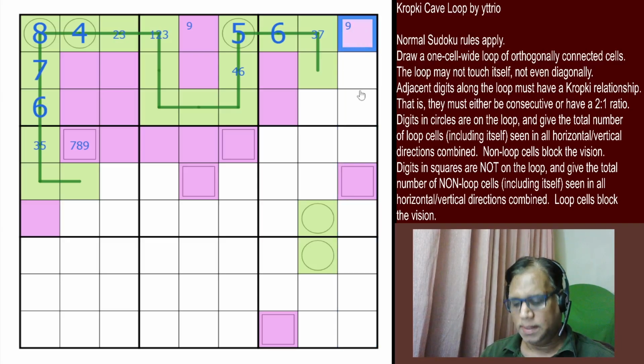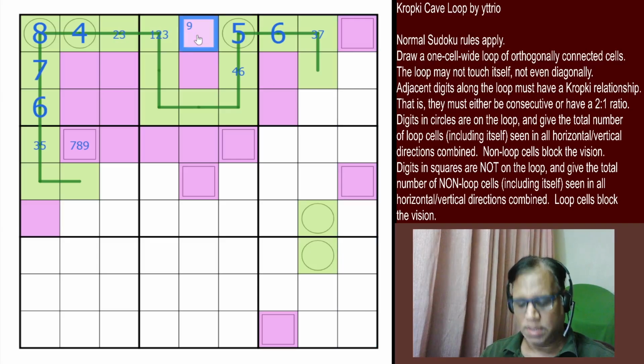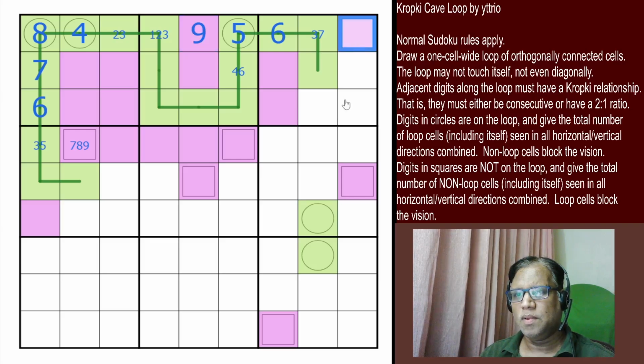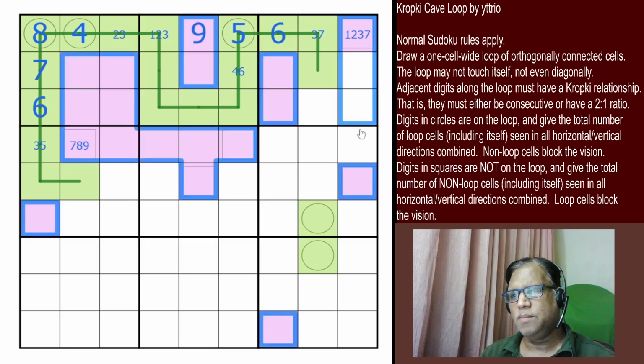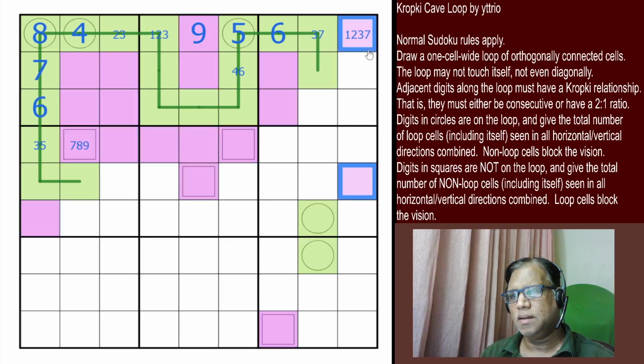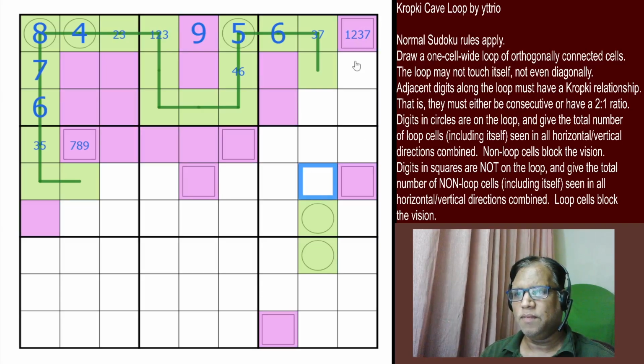That means this is not 9, and that means this has to be 9. So what is that now? That's 1, 2, 3, 7, right? But again, 7 means this will be connected, right? And if these two are connected, then that will be fine. Fine, 7. Let's keep those options open.